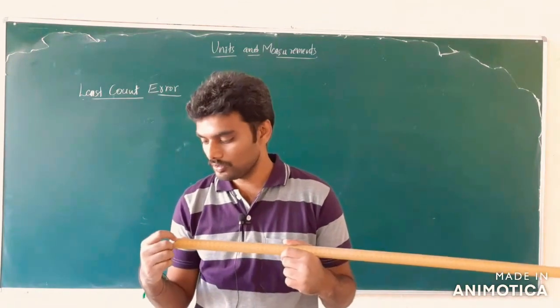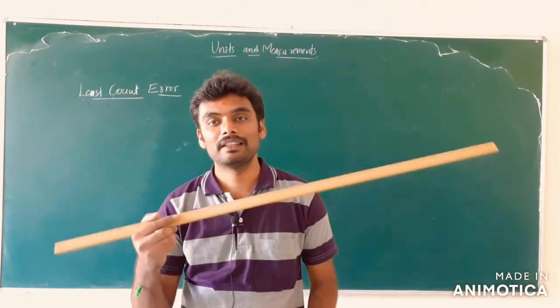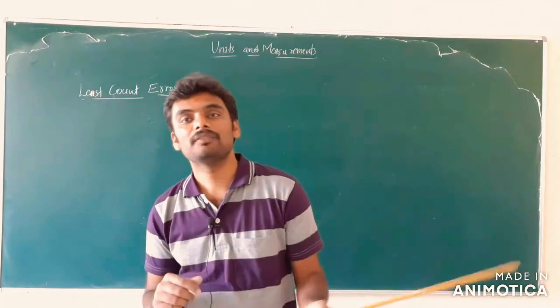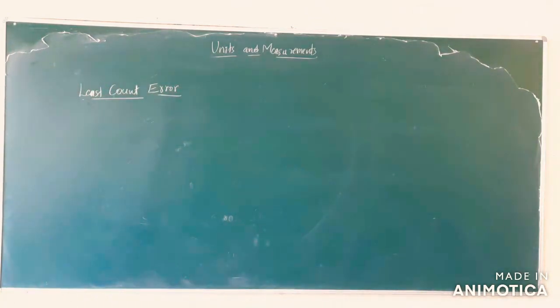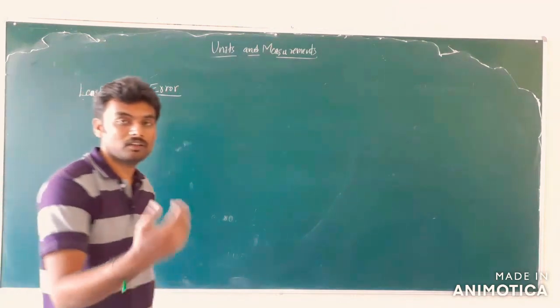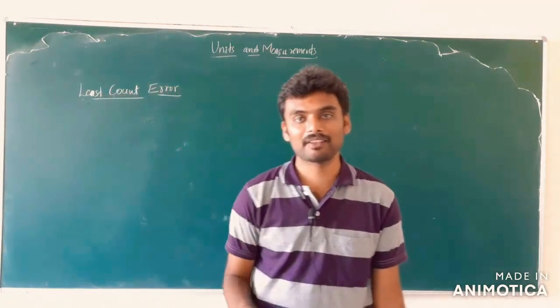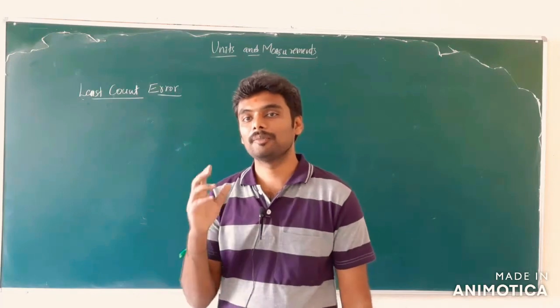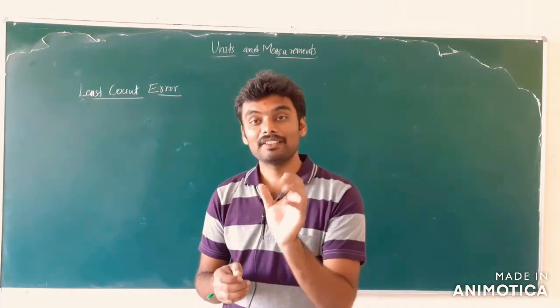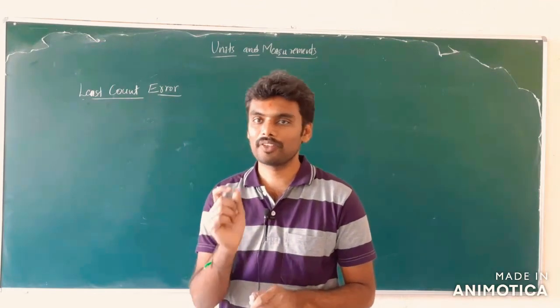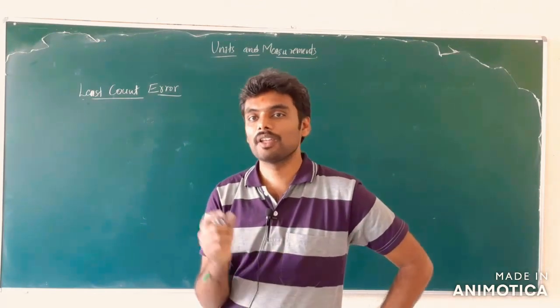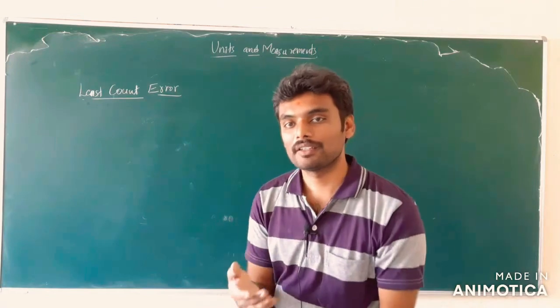So 0.1 centimeter is the least count of this scale. Even if you take your regular 15 centimeter plastic scale, the least count will be 0.1 centimeter itself, isn't it? 0.1 centimeter is the least possible count, because you cannot count beyond that.